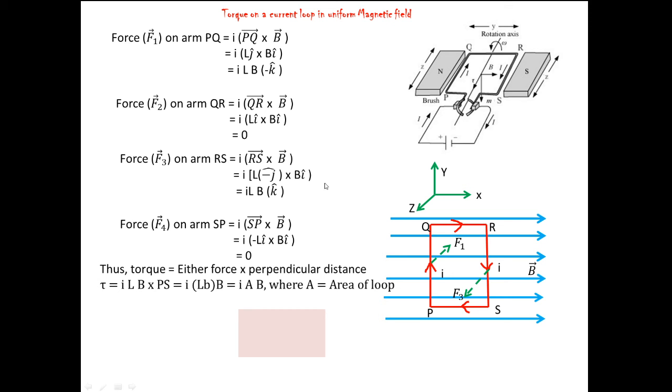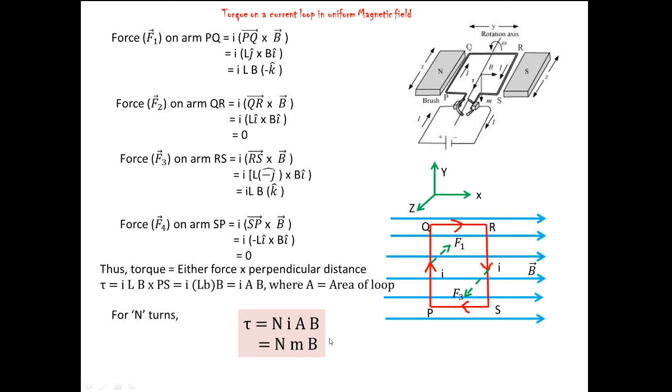So the force is ILB into the perpendicular distance between these two, that is PS. So this will be ILB into b. L into b is the area, so it is IAB, where A is the area of the loop. For N turns, this torque will be NIAB.